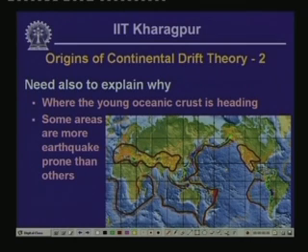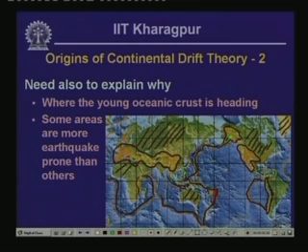So these are the areas which are highly active seismically, or they are earthquake prone, whereas if you look at the areas such as these, very few earthquakes have been detected in the history of mankind in these areas.